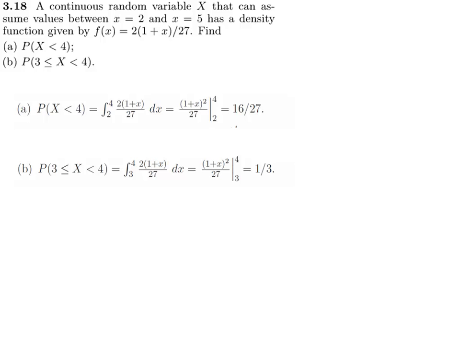So for 3.18, find F(x). So find F(x) is find the cumulative distribution, right? And then evaluate between 3 and 4. So F(x) is the integration, and this is similar to what we did in one of the examples in class.